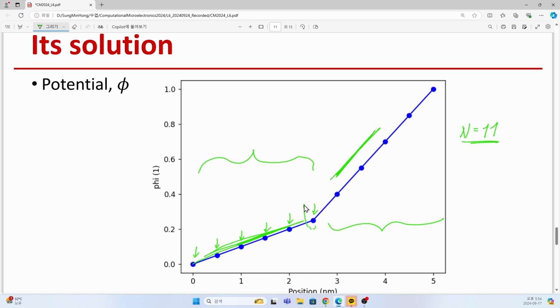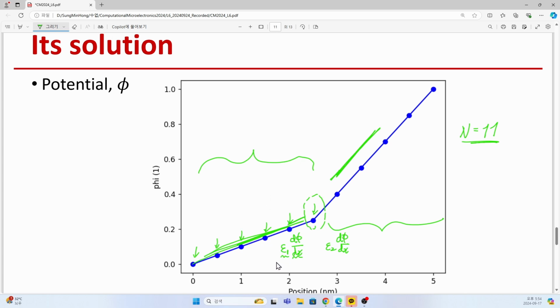Why does it happen? Because at this point, two different materials meet together. However, the important thing is not matching the slope itself, but matching this quantity: epsilon times d phi over dx should be matched between the two different layers.